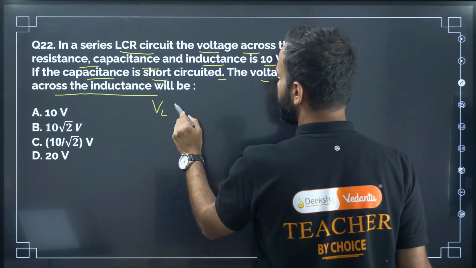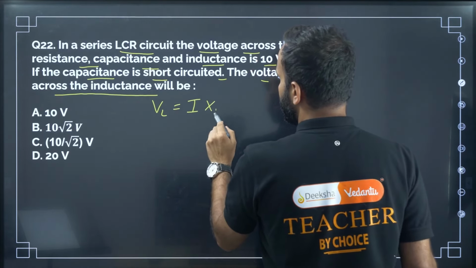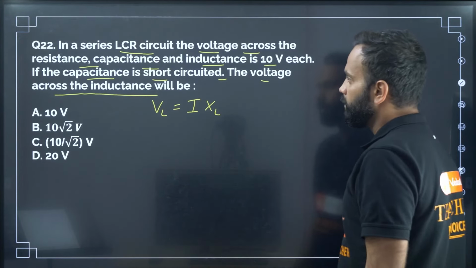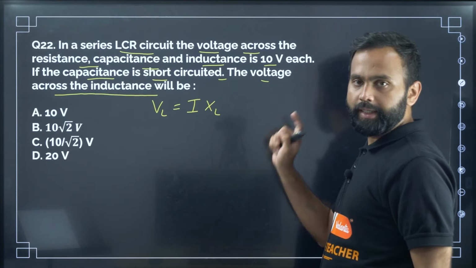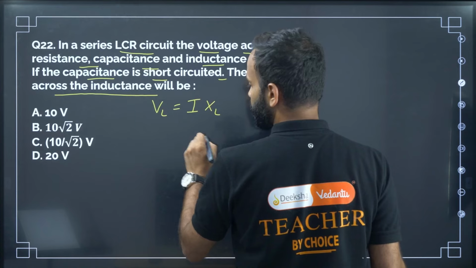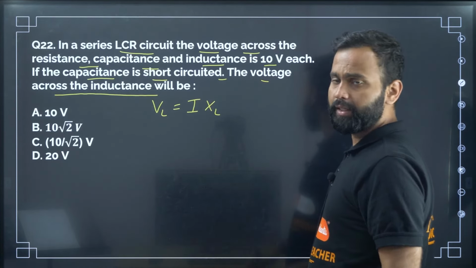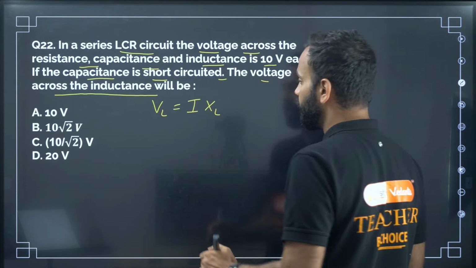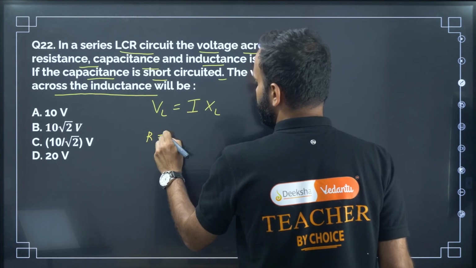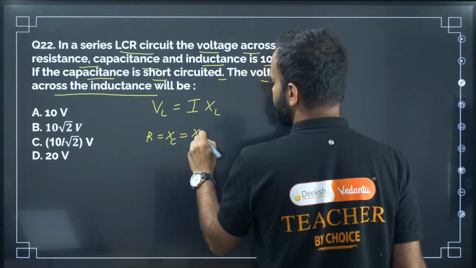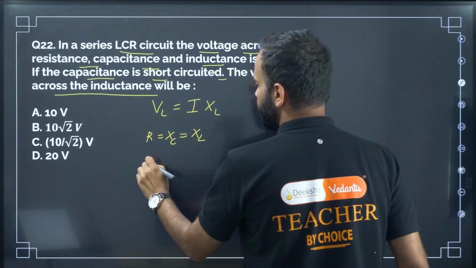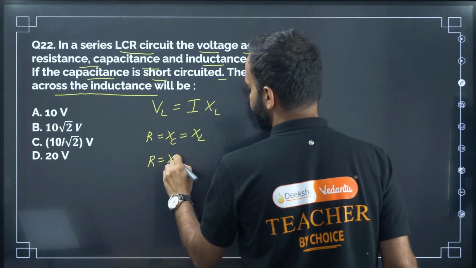So VL equal to I into XL, right? Voltage across the resistance, capacitance and inductance is same, that is 10 volts. So therefore, the impedance will also be same, right? That is R equal to XC equal to XL. Now capacitor is short circuited, so R equal to XL.